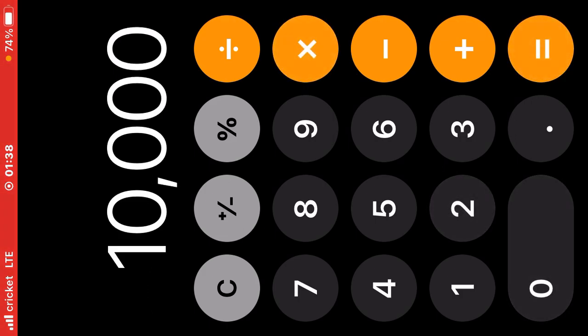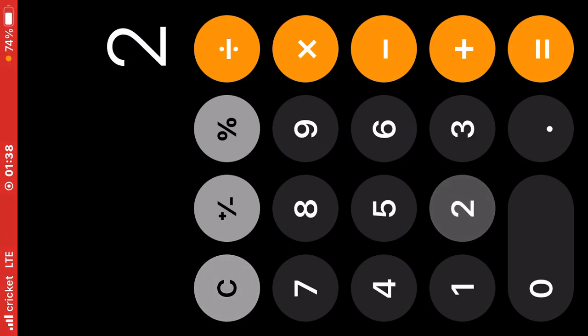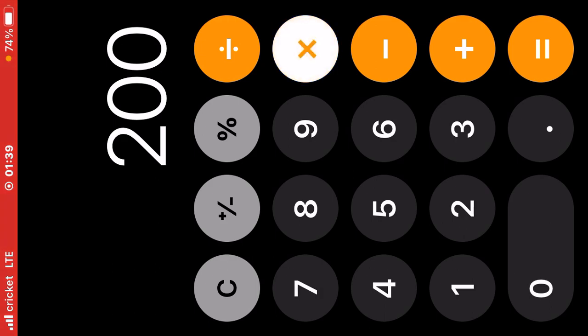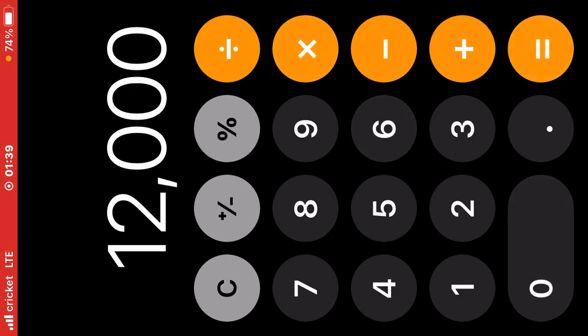Well, there it is. That's 10,000. But he would still have 20,000 to go, so he could actually go 200 times 60 lots. See what that is. There's 12,000, but it was actually more like 30,000.